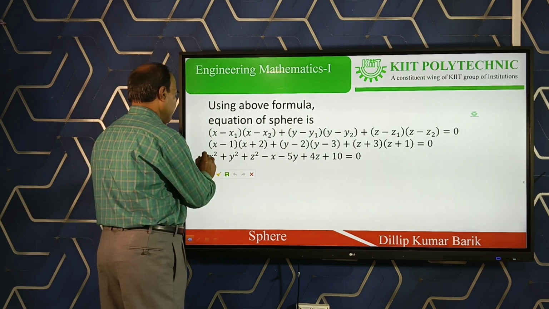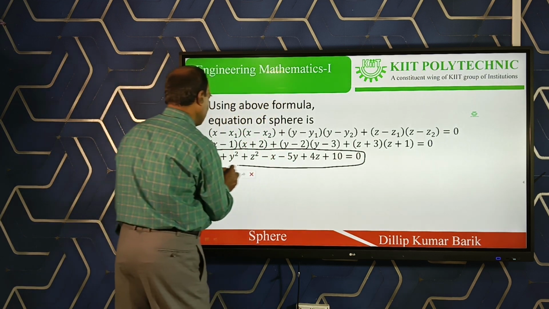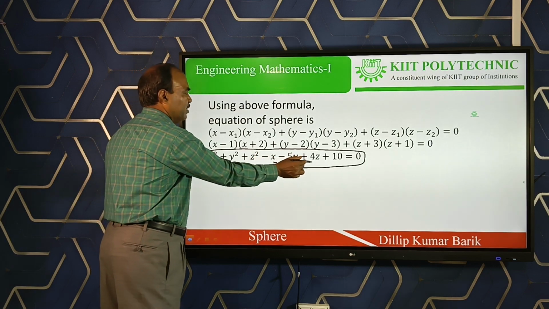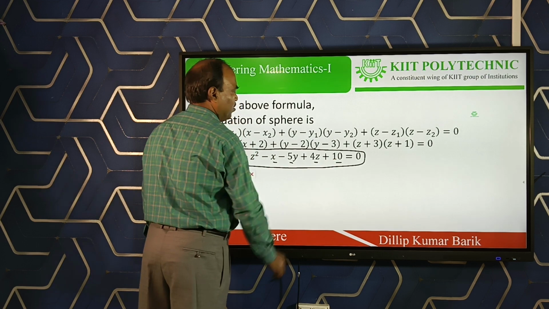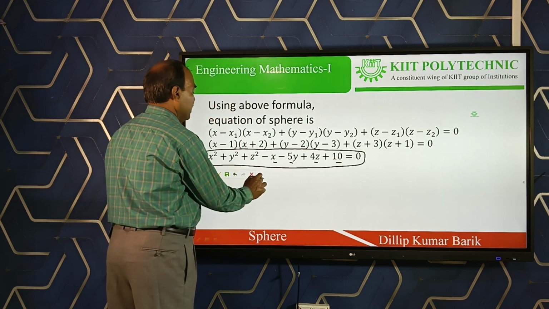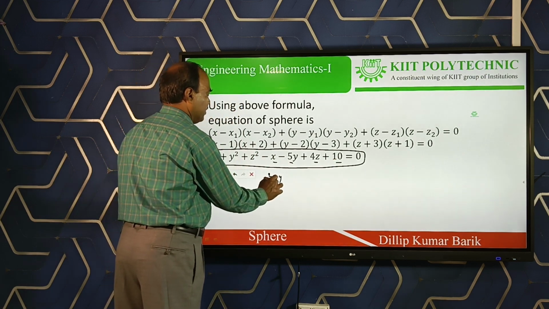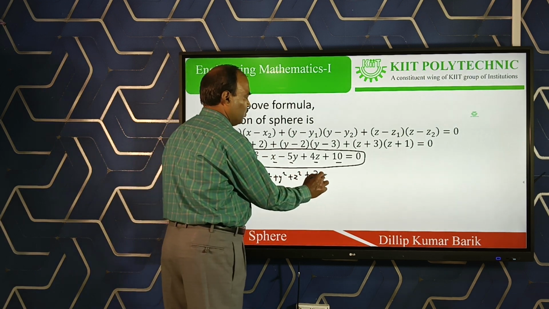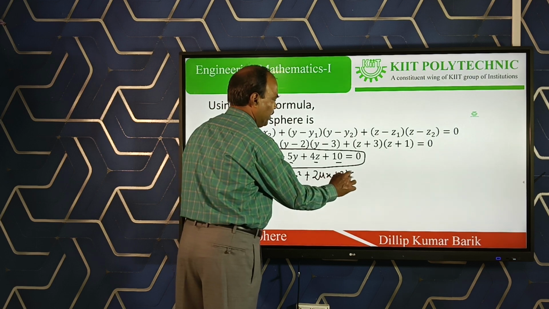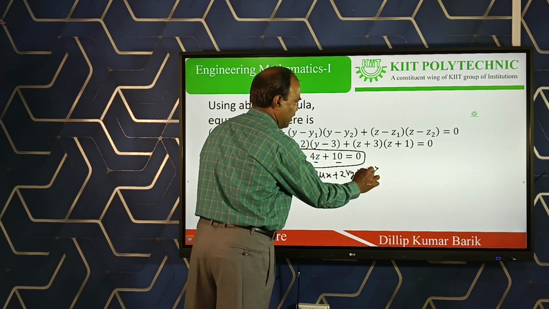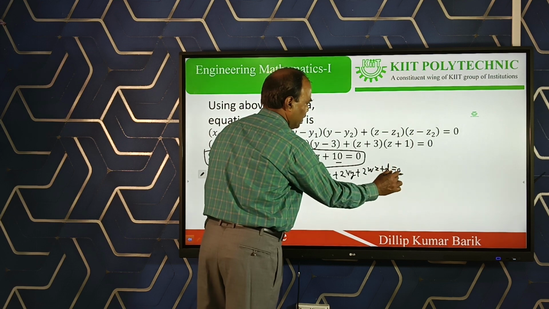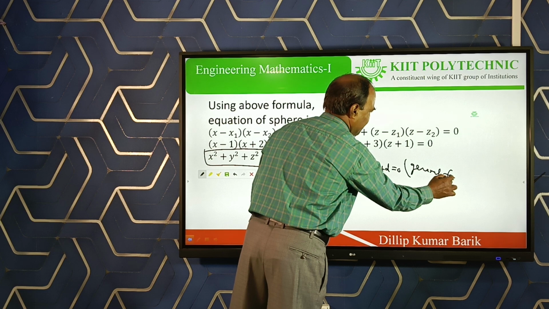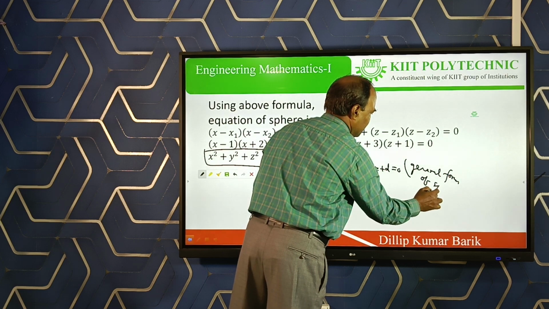This is one form, the x square, y square, z square form, with the x, y, z parts and another part, a number c, and this is nothing but the general equation of a sphere. In the next class we will discuss x square plus y square plus z square plus 2ux plus 2vy plus 2wz plus d equal to 0, which is called the general form of the sphere equation.